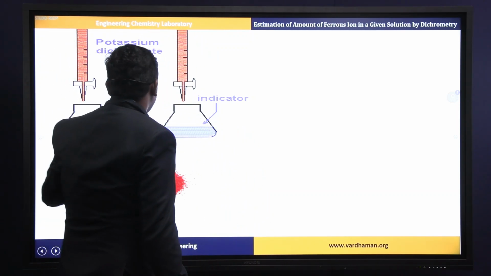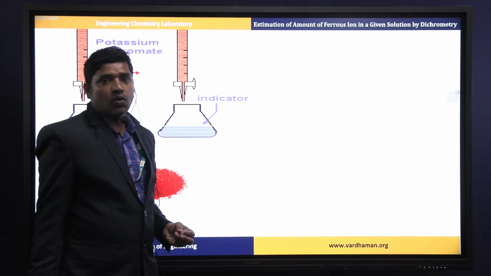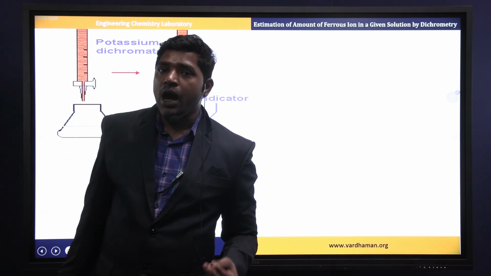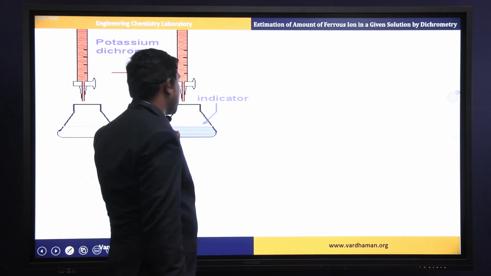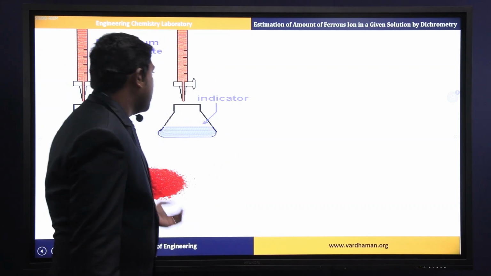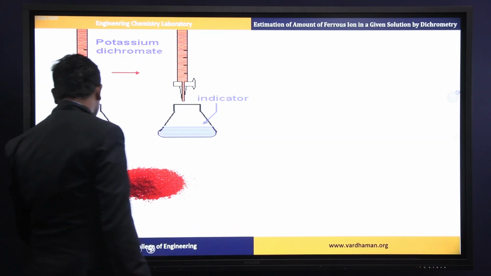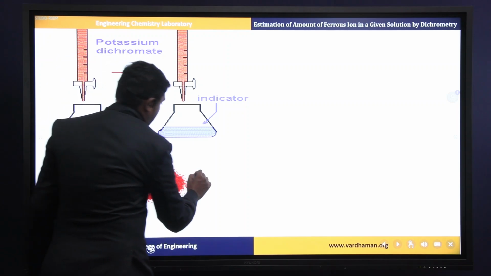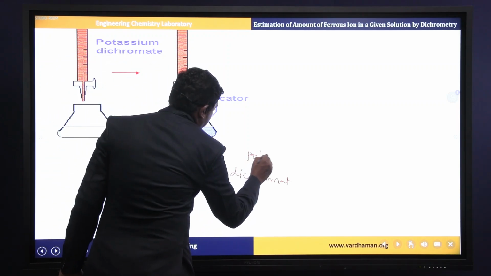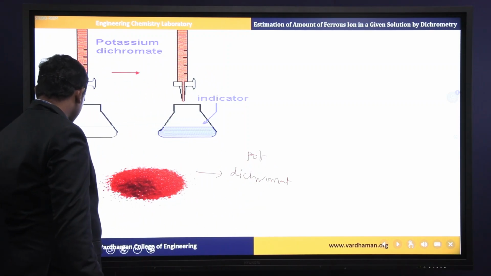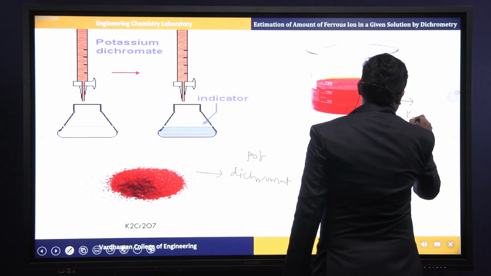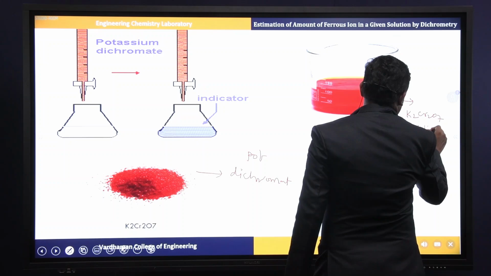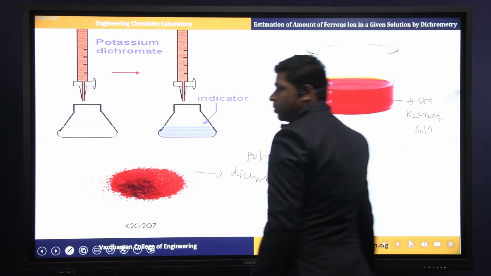Whenever we observe the violet blue color, we stop the titration and note down the burette reading. The violet blue color indicates the formation of diphenylbenzidine. This is the standard solution of potassium dichromate, K2Cr2O7.